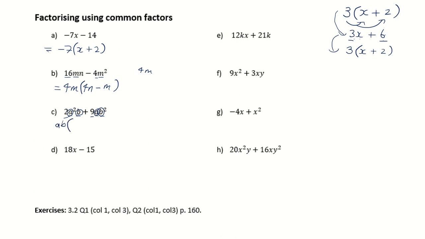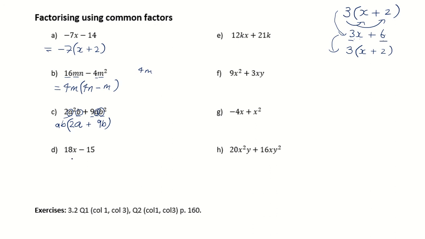Now to get 2A squared B, we need to multiply AB by 2 and by A, because A times A will give us the A squared. Now to get the 9AB squared, we need a 9, because AB times 9 will give us 9AB. But then we've also got B squared, so we also need to multiply it by B. We need a 9B. So if we were to expand this out, AB times 9B, it would be 9AB squared, because B times B is B squared.